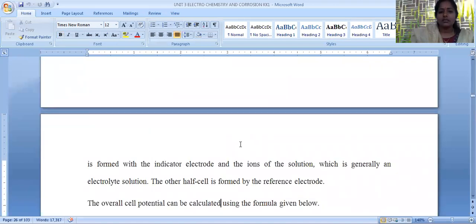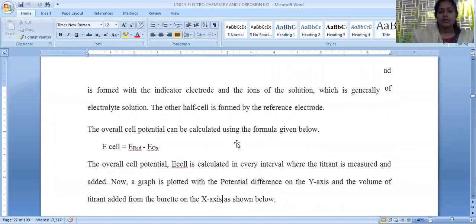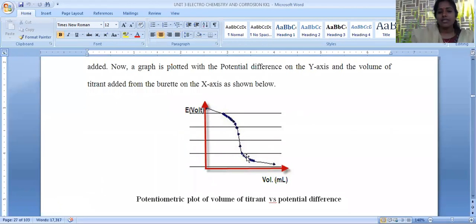Potentiometric titration is applied to solutions, not only acid-base but also redox reactions and precipitation reactions. This is a simple representation of the graph: the volume of titrant added from the burette versus the EMF of the cell is plotted.